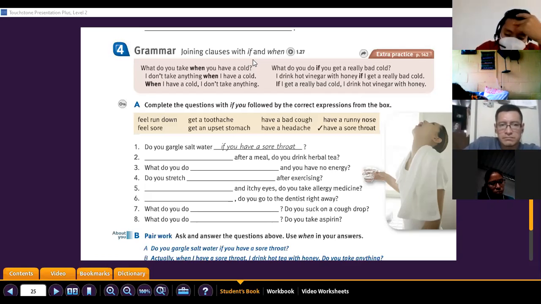Good. So if you get an upset stomach after a meal, do you drink herbal tea? Si sientes malestar estomacal después de una comida, ¿tomas té de hierbas? How do you say té de hierbas? Yes, herbal tea, o té natural.